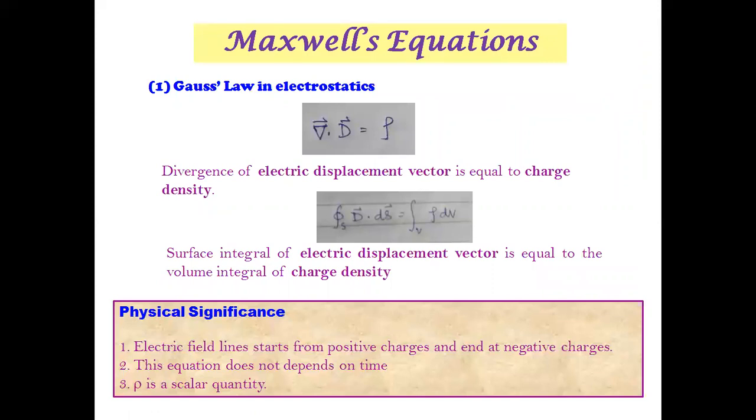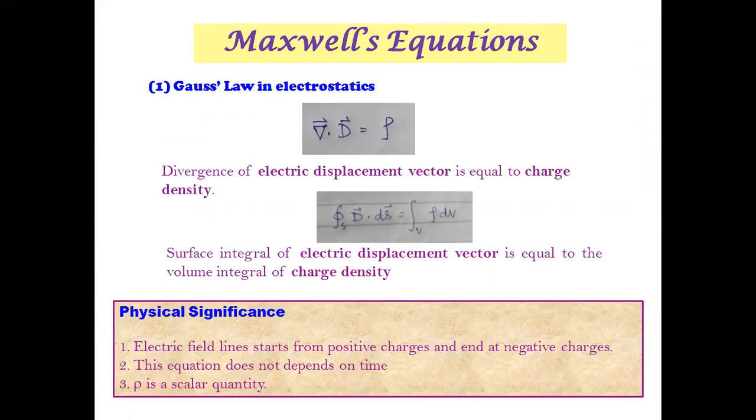Now we have to know Maxwell's equations. These equations are the basic equations of electromagnetism. There are 4 equations under Maxwell's equations. One is Gauss's law of electrostatics. There are 2 forms, one is differential form and the other is integral form.